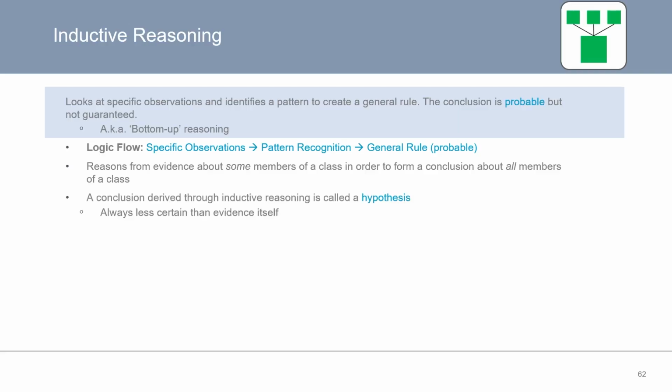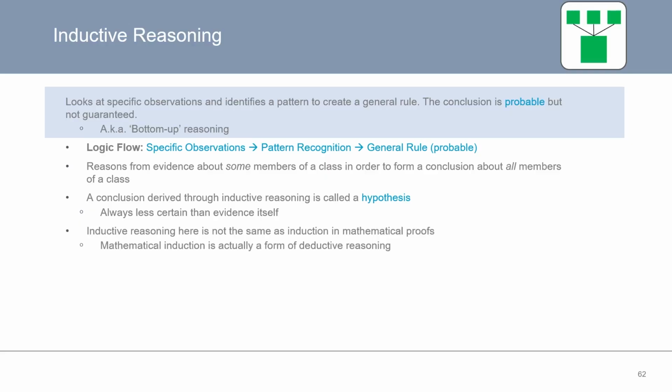Here, a conclusion derived through inductive reasoning is called a hypothesis, which is always less certain than the evidence itself. Of note, inductive reasoning here is not the same as induction in mathematical proofs. Mathematical induction is actually a form of deductive reasoning.